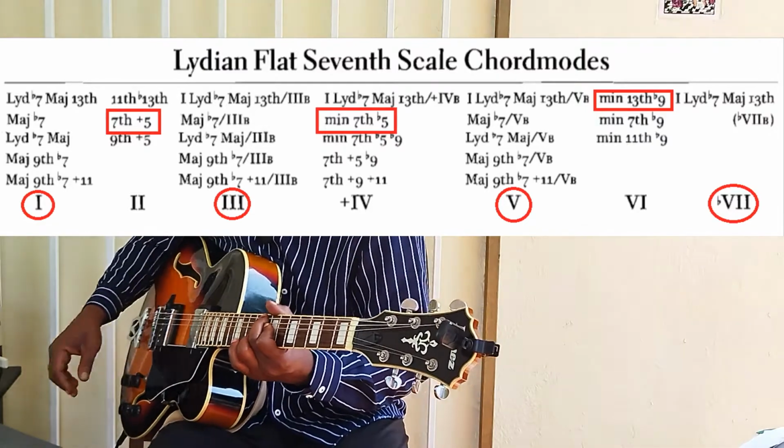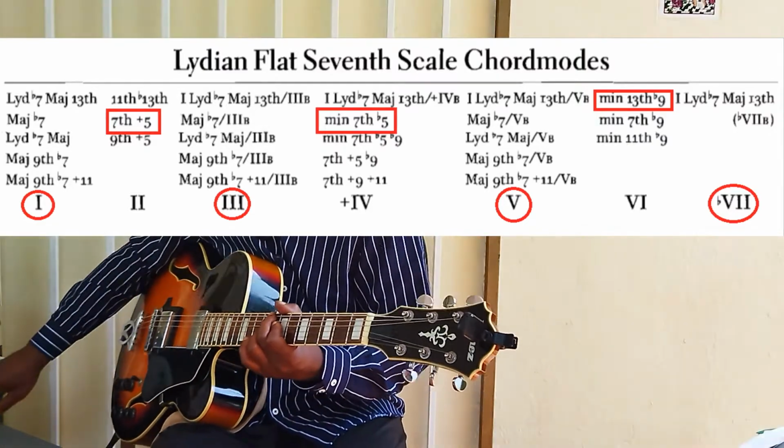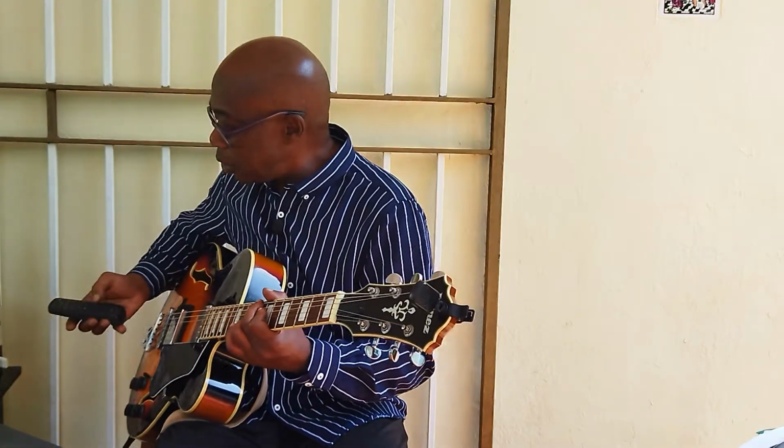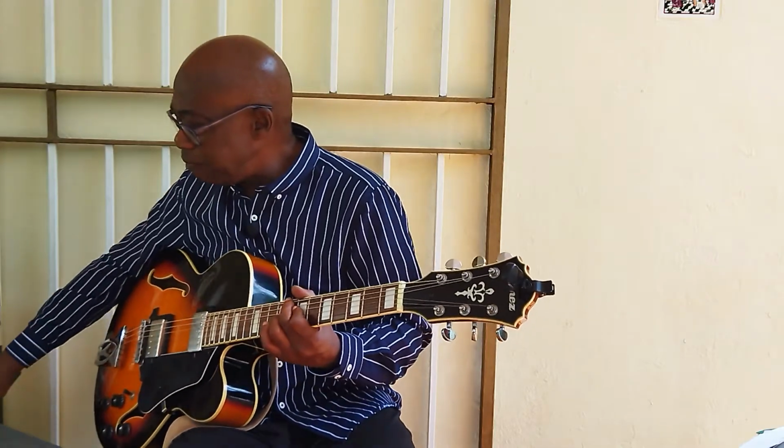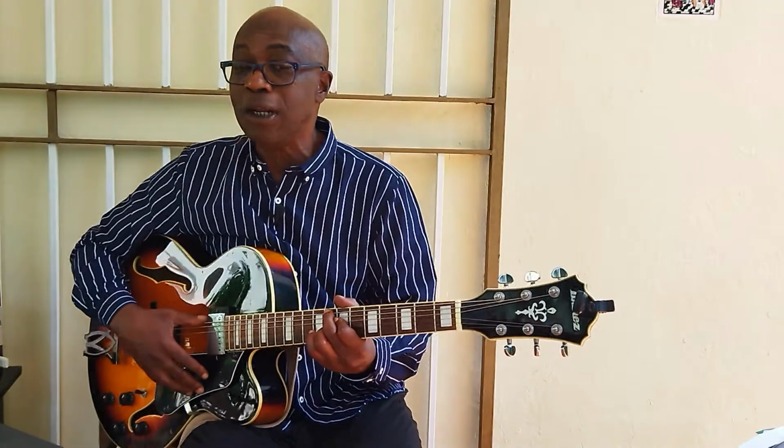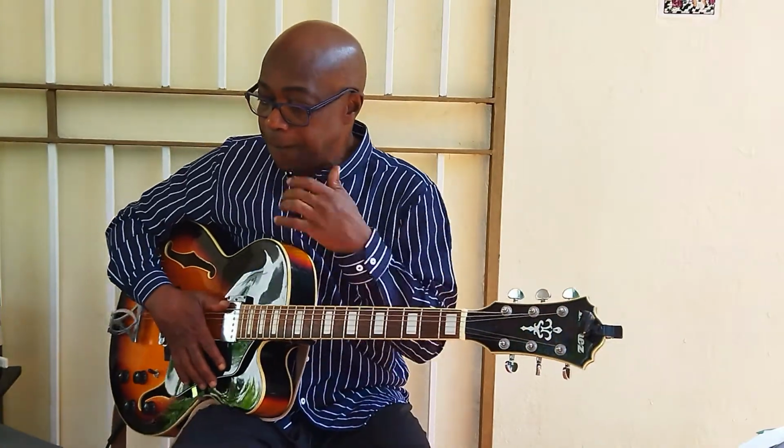So that's the idea, because they've asked me this question: what does this 5B mean? What does 2B mean in Russell's book or in the Lydian concept?